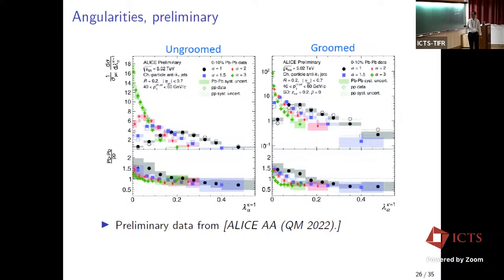And the trend turns out to be just the same as we expect, but I didn't compare the data with our calculations because, especially for r equals 0.2, qualitatively things look similar.